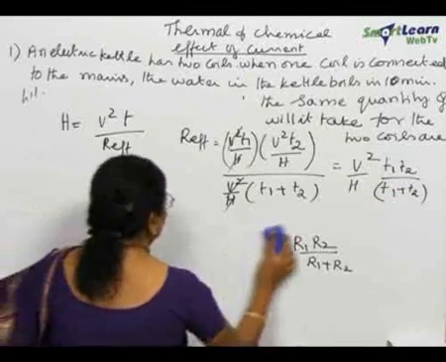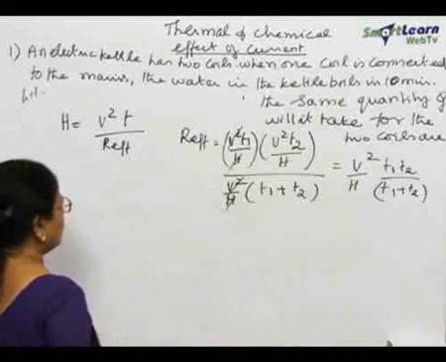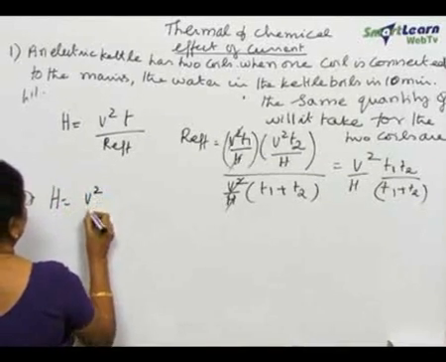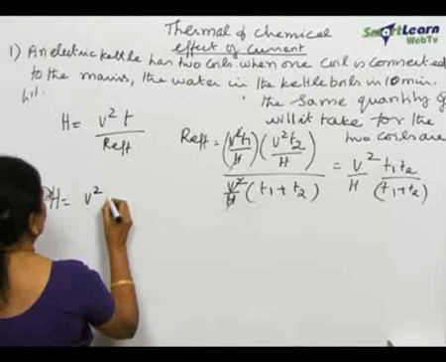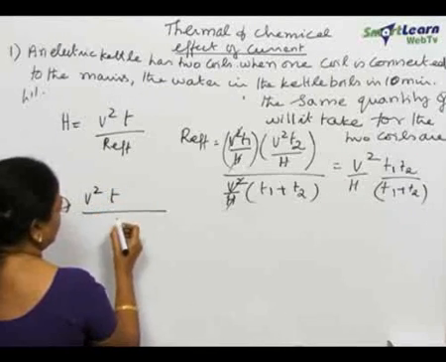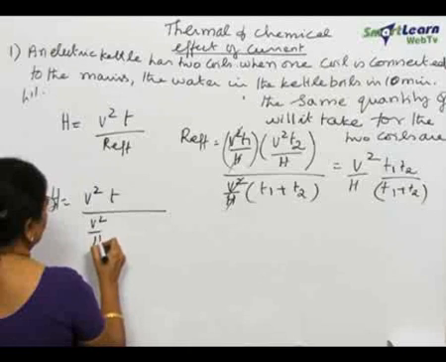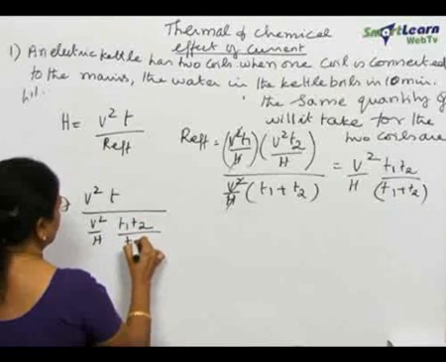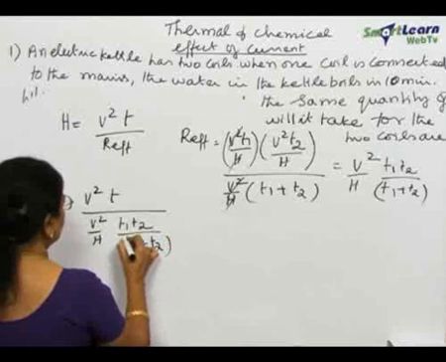Now, let us substitute it in the previous equation. So, H is equal to V squared T divided by V squared by H into T1 T2 by T1 plus T2.